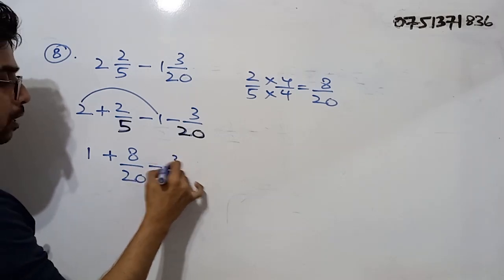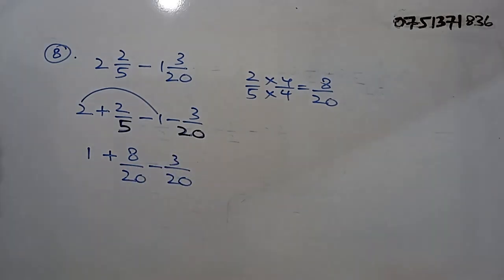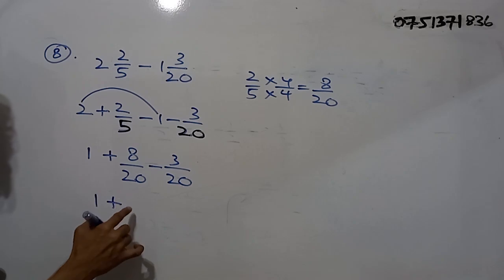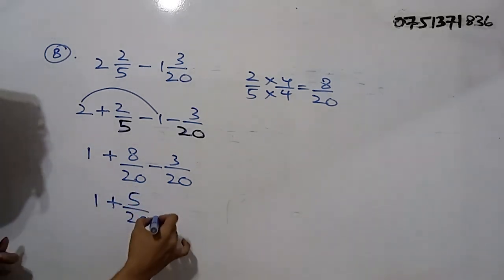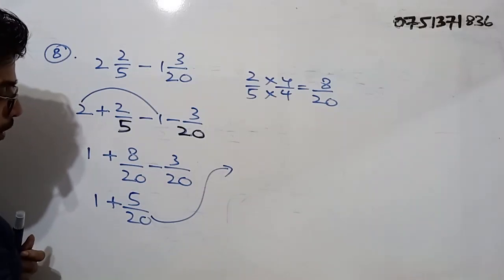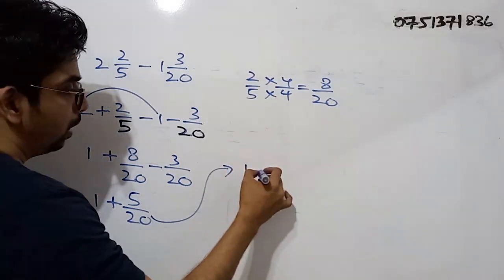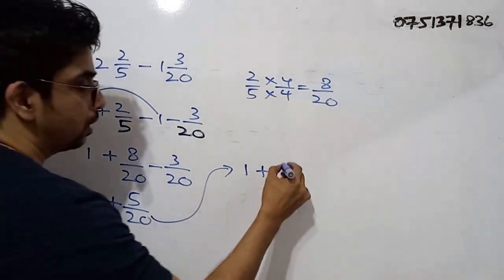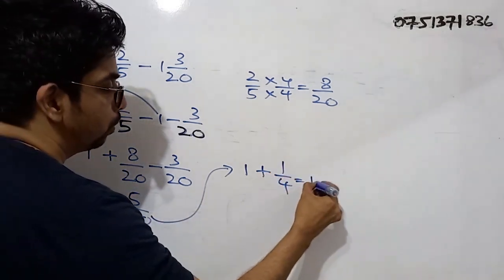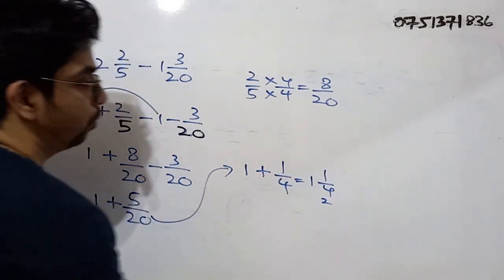So minus 3 by 20. So 1 plus, what's the outcome here? 5 by 20. So 1 plus 5 by 20 means what? We can further simplify this as what? 1 by 4. So the outcome is 1 and 1 by 4.